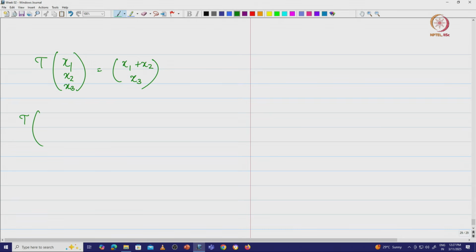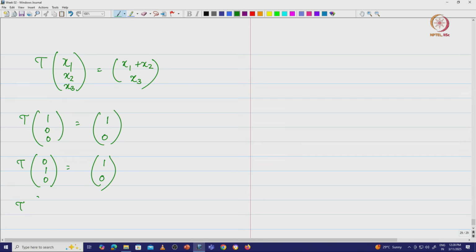So, what is T of 1 0 0? T of 1 0 0 is 1 plus 0, which is 1, and this is already 0. T of 0 1 0 is going to be 0 plus 1, which is 1, and the 0 is retained as such. And T of 0 0 1, what is that going to be? It is going to be 0 plus 0, which is 0, and this is going to be 1.